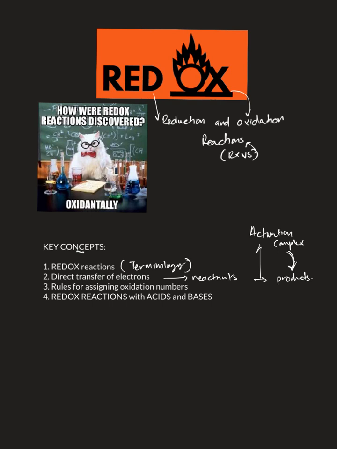All right. So when we look at a direct transfer of electrons, I want to know, how do my reactants go from being compounds or molecules, and how do they go into this activation complex zone? And when they get in there, how do they become products at a microscopic level? Then we're going to look at the rules for assigning oxidation numbers.